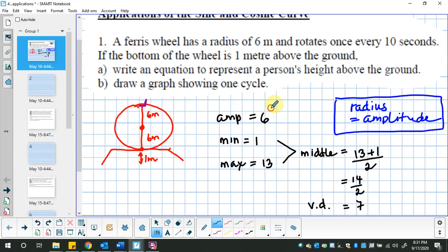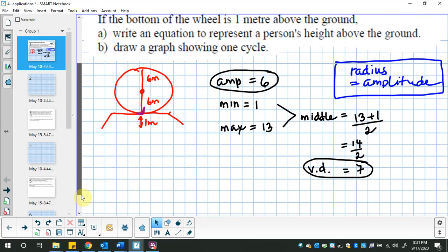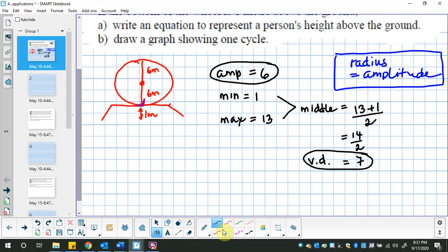So now I have two pieces of information for my equation. Now I'm going to draw a little doodle of this. So first thing I want you to be aware of with the doodle is that we don't really need any negatives, because then this Ferris wheel is going to be crashing into the earth.